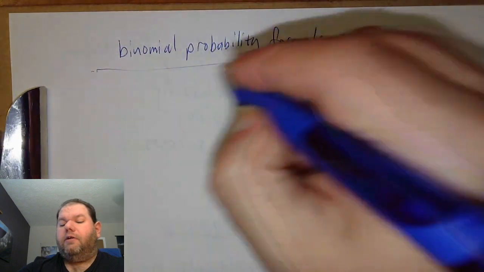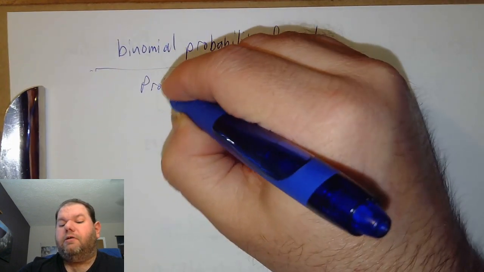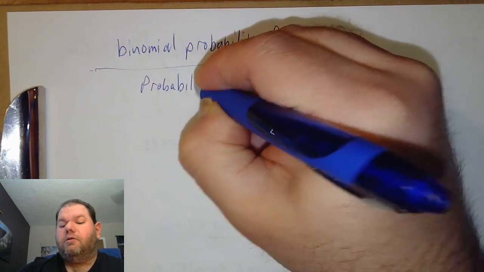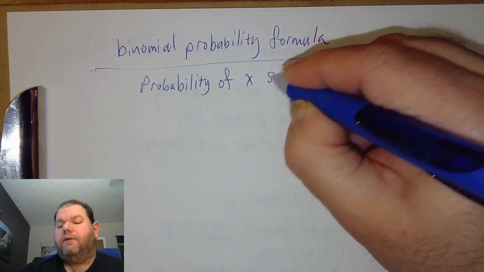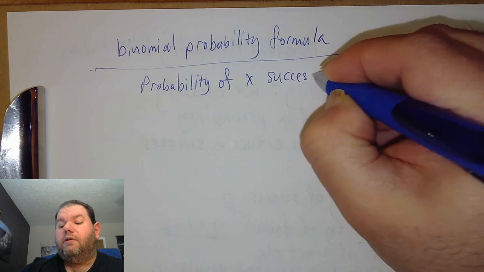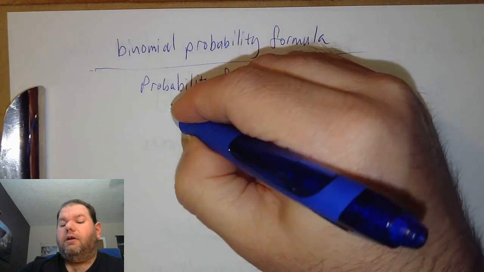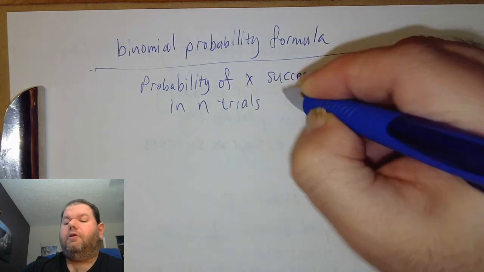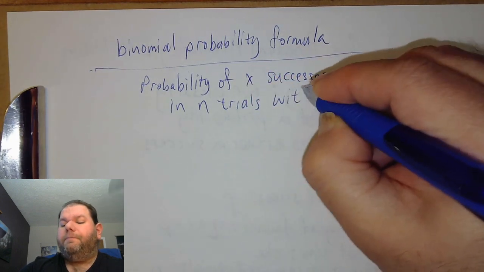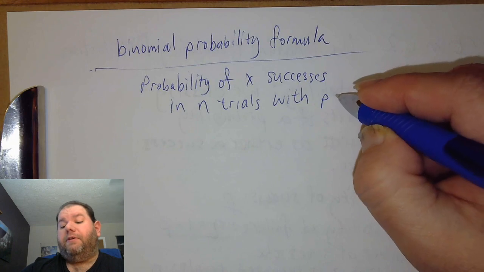And this is the probability of X successes in N trials with P probability of success.